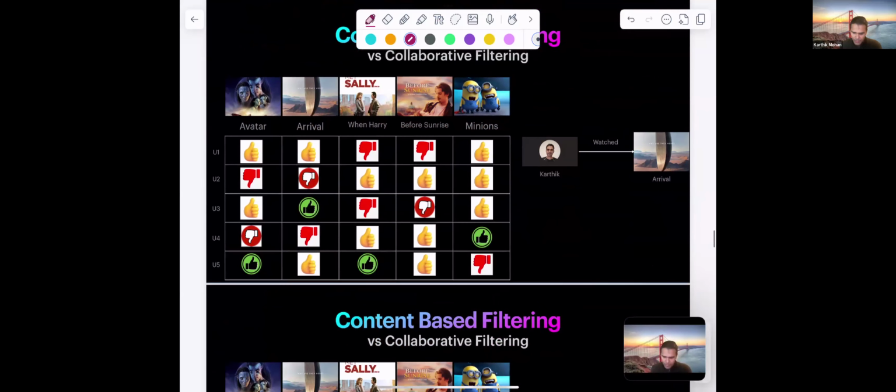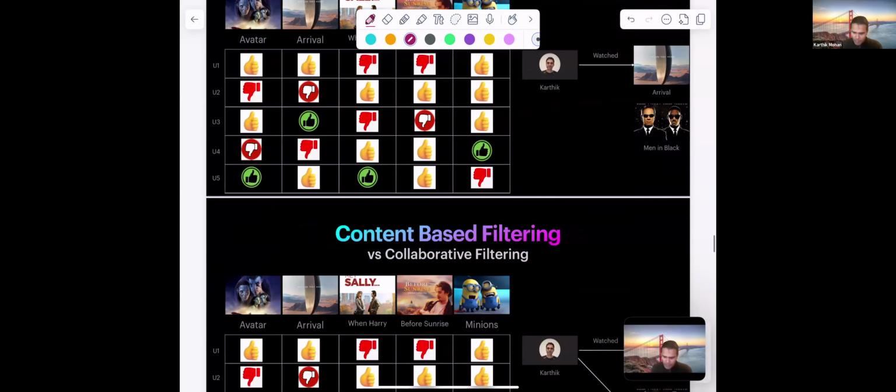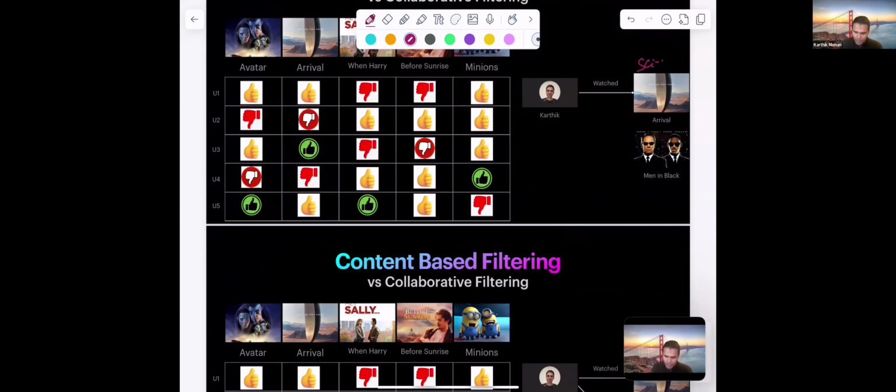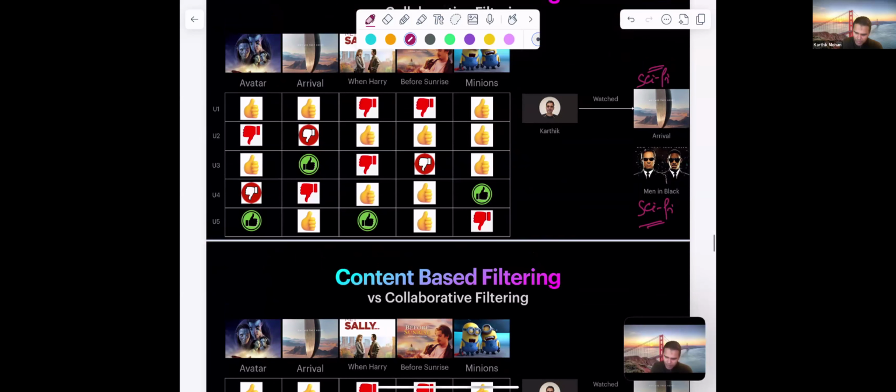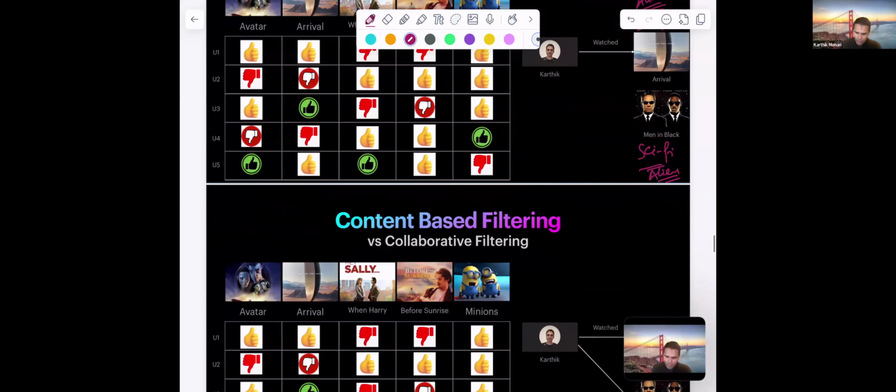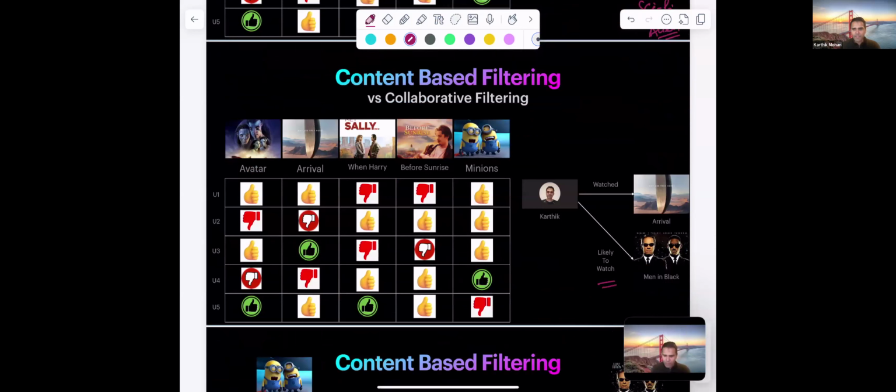So for instance, if I watch the movie Arrival and I know this is sci-fi, then I'm also probably going to like this movie too because it's also sci-fi. And not just sci-fi, this is sci-fi with aliens in it, and then there's also sci-fi with aliens in it. So very specific qualifications that you can add. So I'm probably likely to watch this from that standpoint.